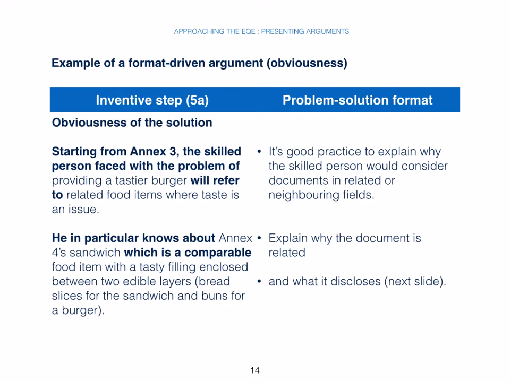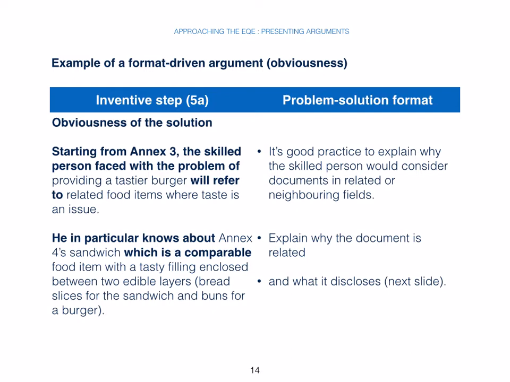And we can start the argument by saying, starting from Annex 3, the skilled person faced with the problem of, and now we repeat the objective problem, providing a tastier burger, will refer to related food items where taste is an issue. And it's quite good practice to explain why the skilled person would go to documents in related or in neighboring fields.